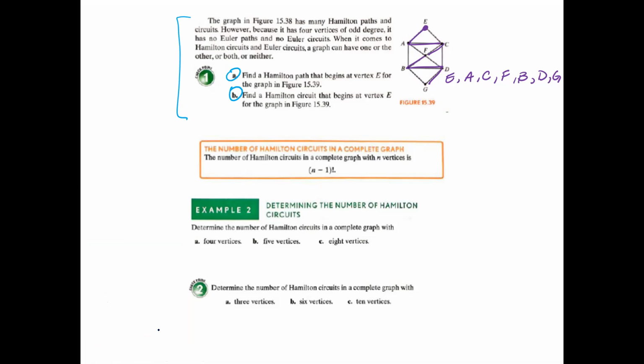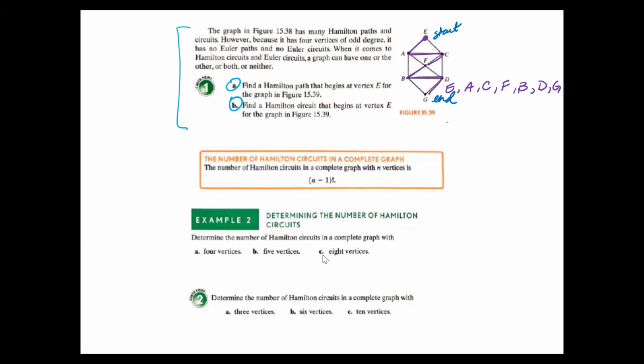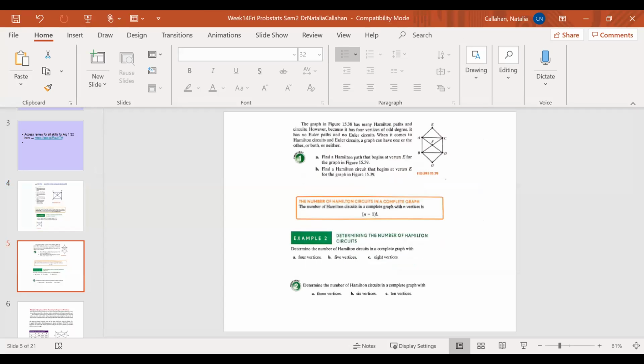Now for B, you have to start and end at the same point. So this one, we started at E, we ended at G. So try B and see if you're able to find the start and end point to be at E, if it's possible.